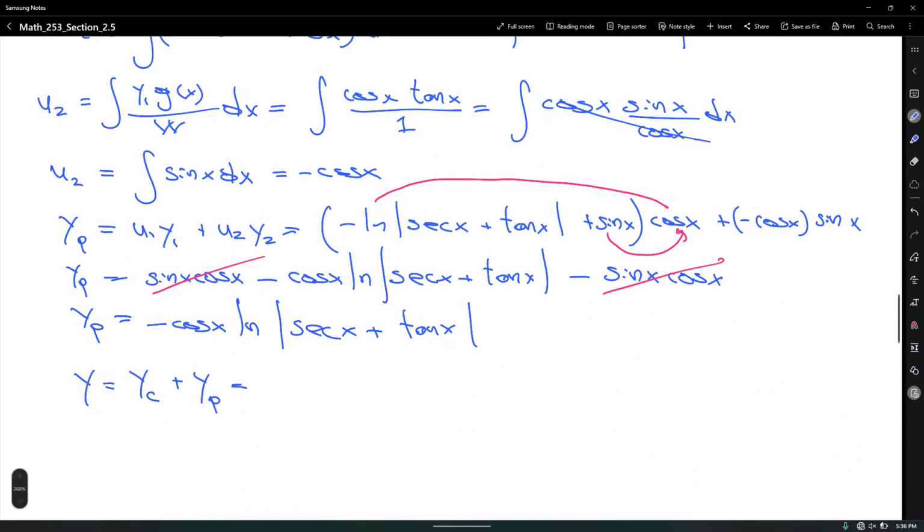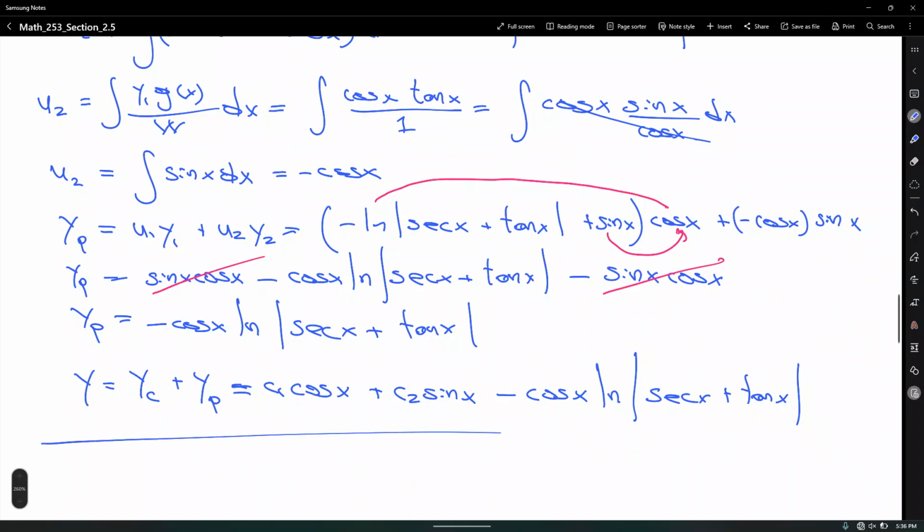So C1 cosine x plus C2 sine x. And then careful, signs matter: minus cosine x ln of secant x plus tangent x. Final answer.